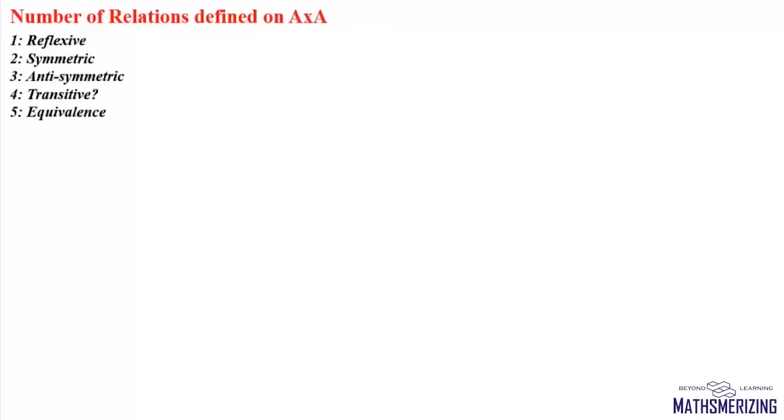In this video, we'll be discussing how to find the number of relations defined on A cross A. Before that, my basic assumption is we already know that if we have a set A having n elements and set B having m elements, then the number of elements in A cross B is given by m into n.